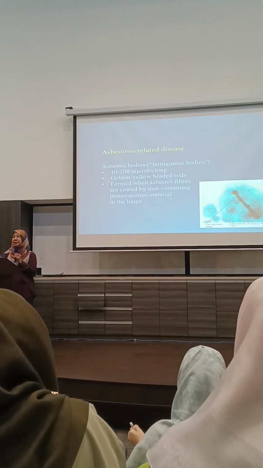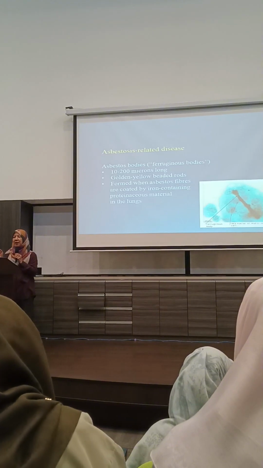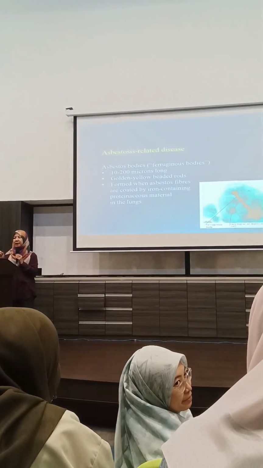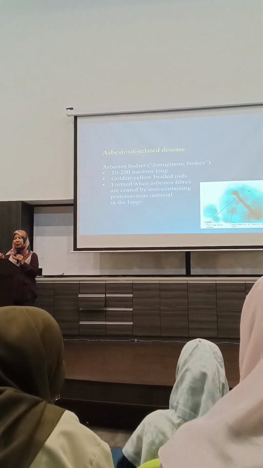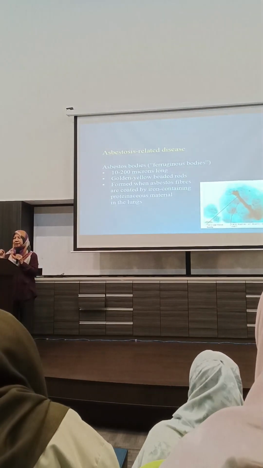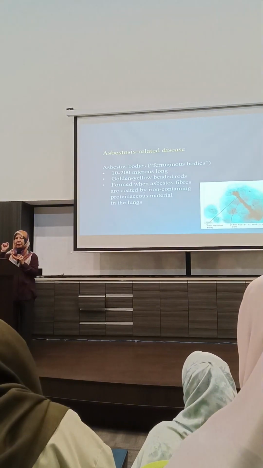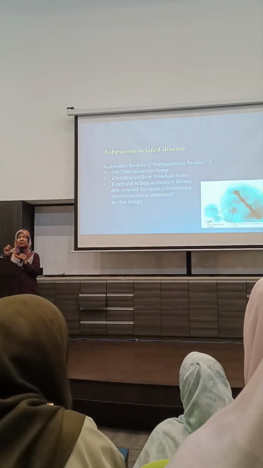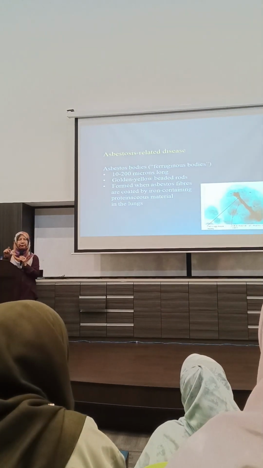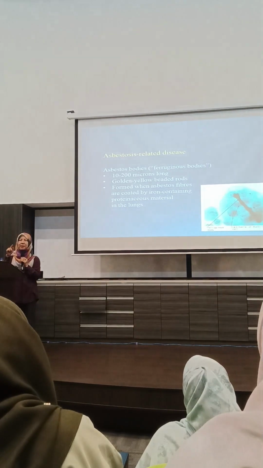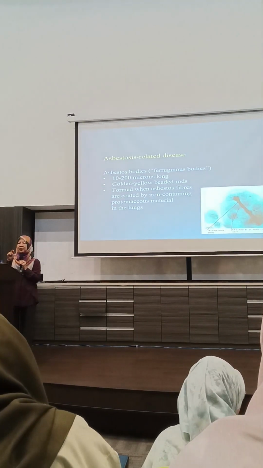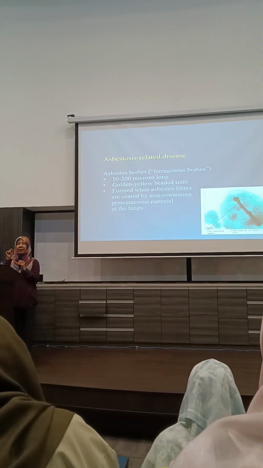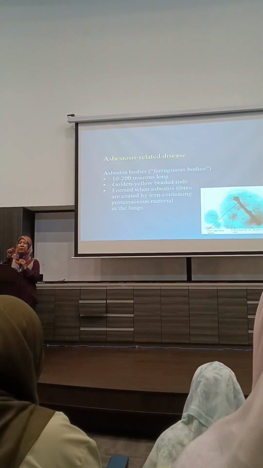Asbestos related disease, you find that these asbestos fibers are so tiny, 100 to 200 microns. What they do is they go into the lung. Along the way, they collect iron and protein material wrapped around them, nicely wrapping around them, and they form strong, tiny particles that will carry them right through the lung into the pleura.